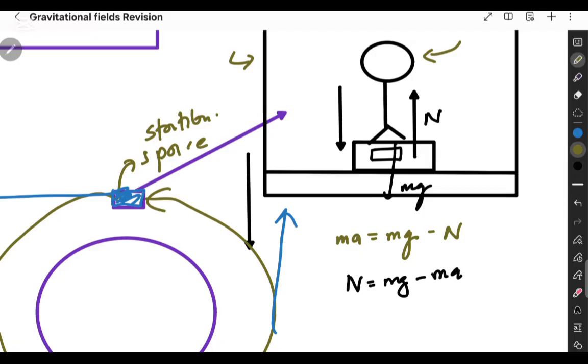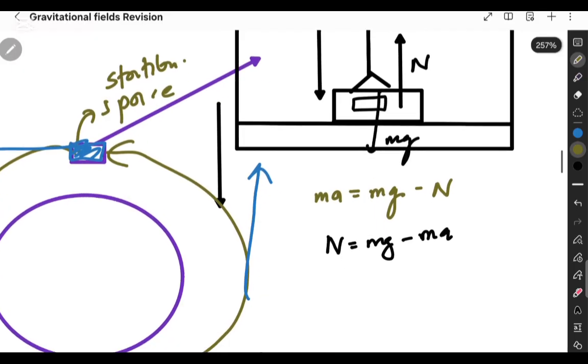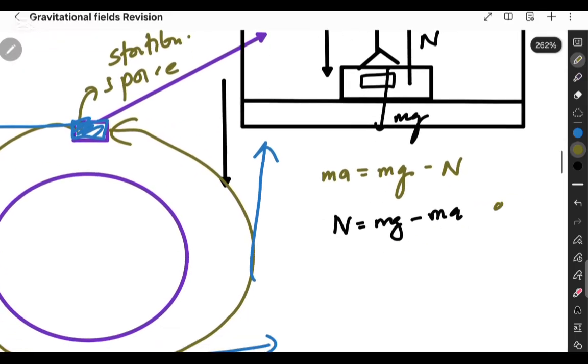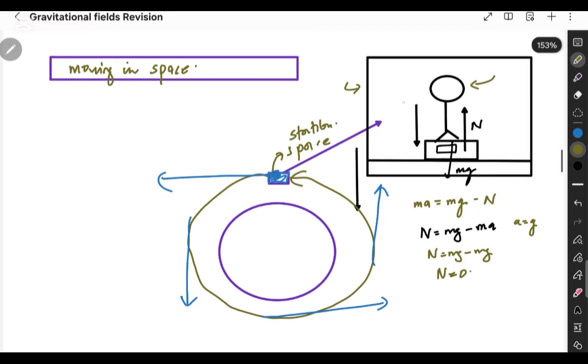Since the person is in free fall, a is just equal to g. So N equals mg minus mg, and N equals 0. The name for this entire thing is called the apparent weightlessness of astronauts.